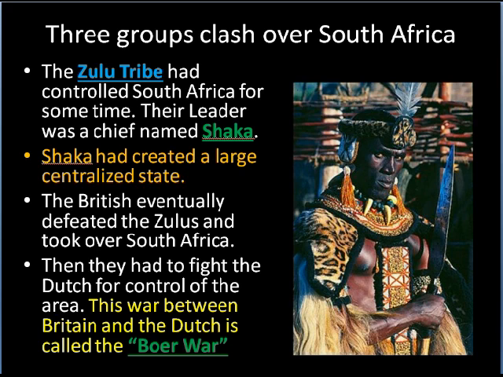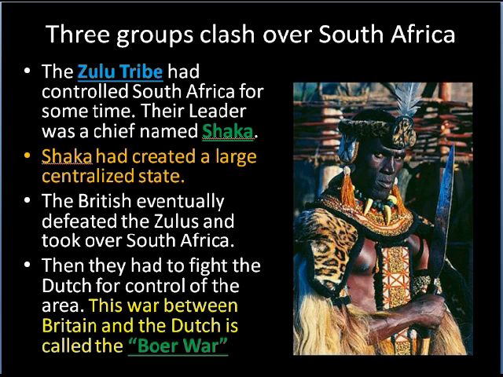They had a very organized military. In a lot of cases, they were able to fight fairly effectively against European powers. However, not to simplify this, we don't have all day. The British eventually defeated the Zulus and took over South Africa.